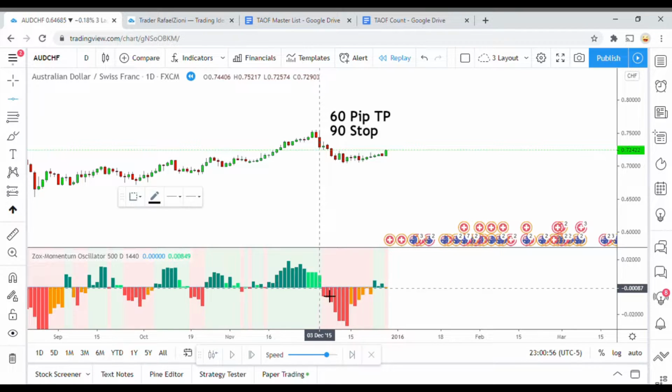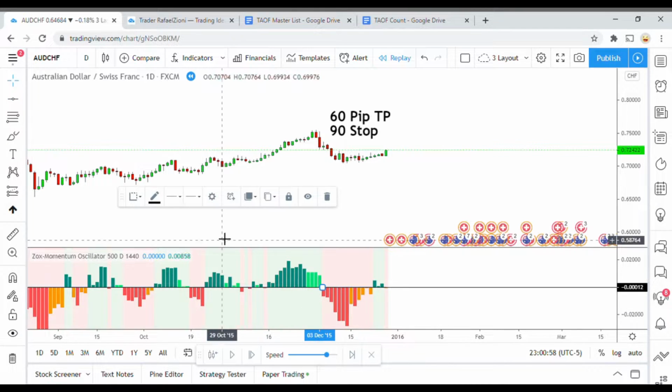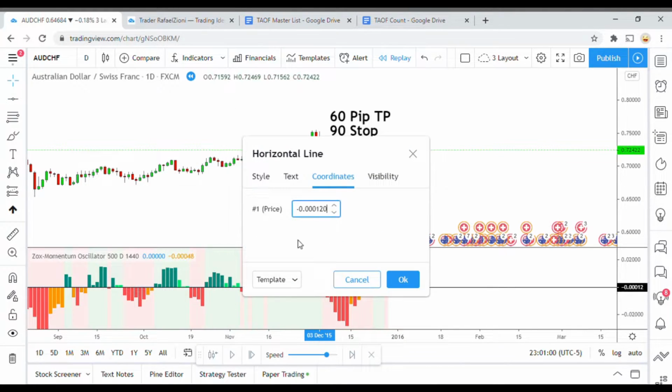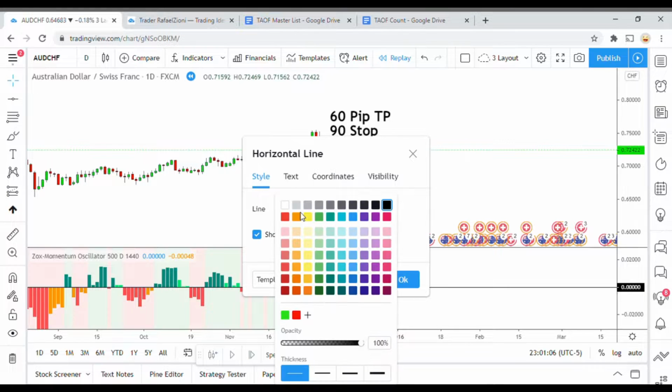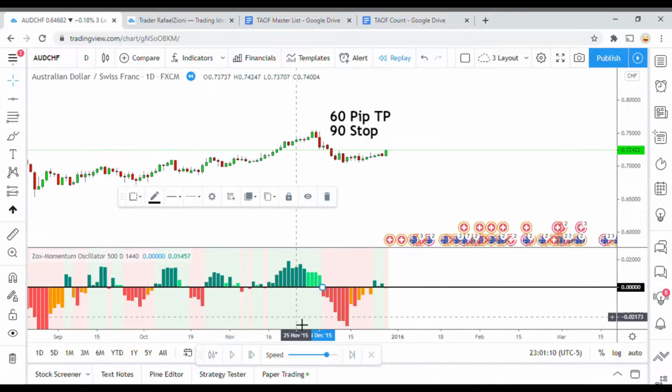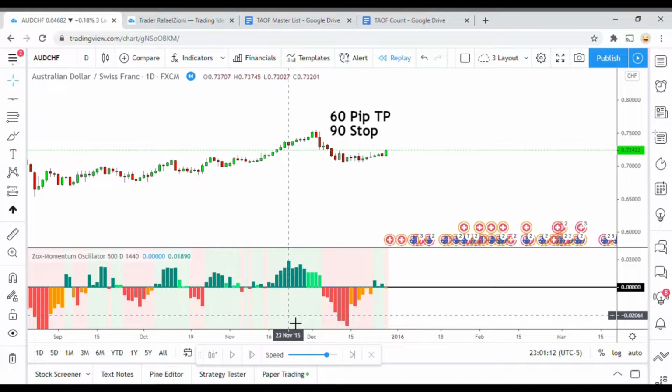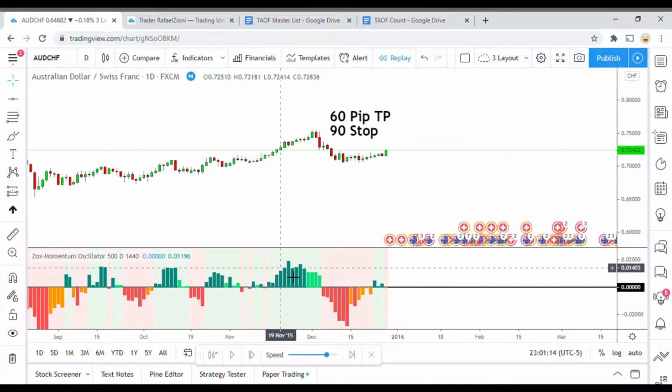I think what I will do is drop a black zero line here. See if I can bump up. There we go.